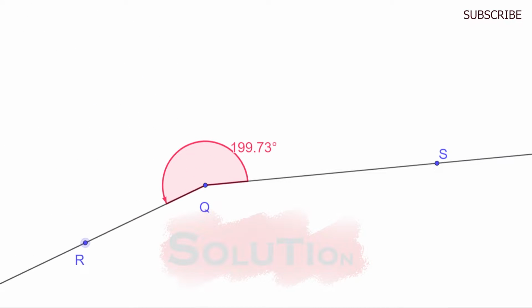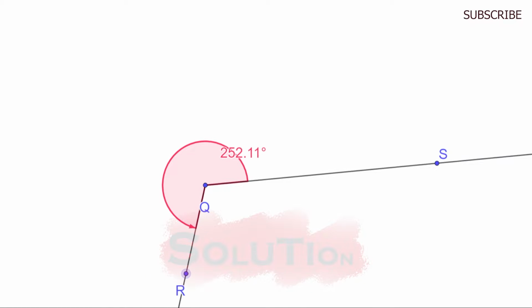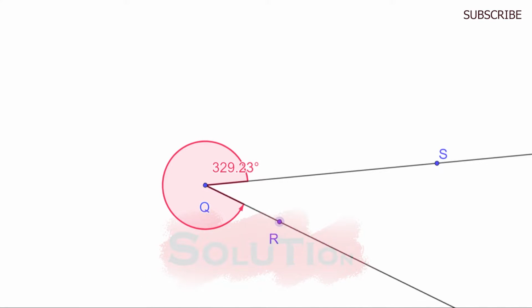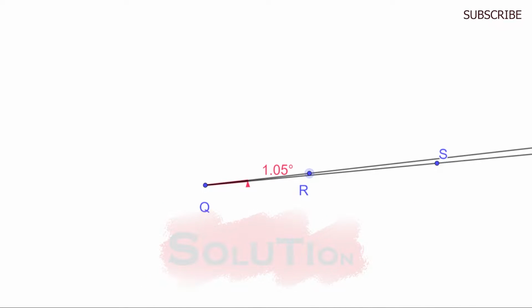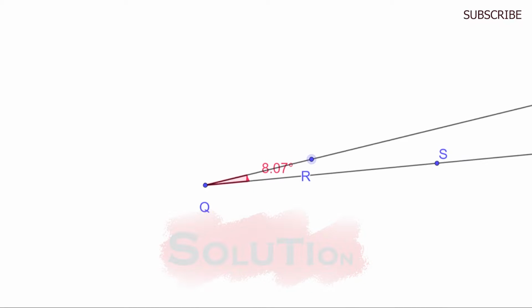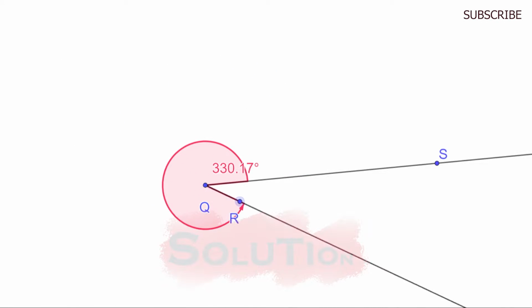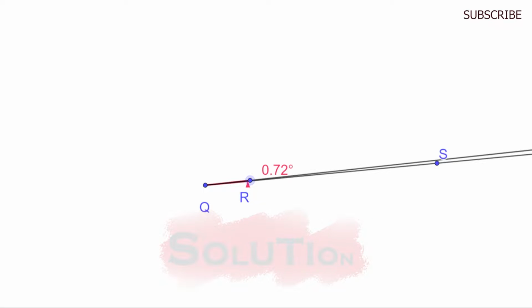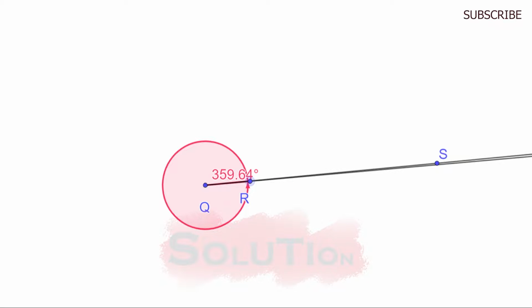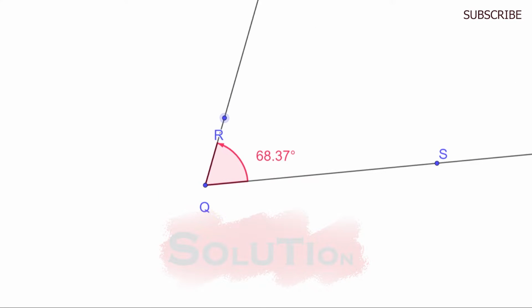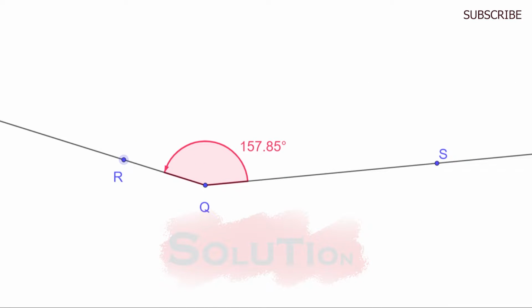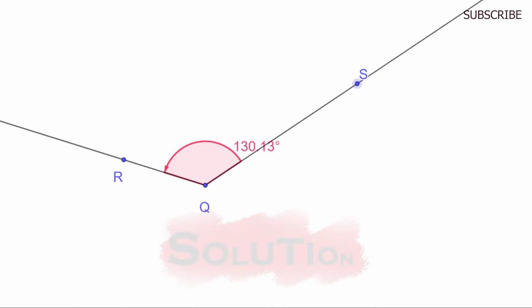So you have to remember that if the ray starts from 0, now the two rays are overlapping with each other, and once it comes again to this point, this is known as one revolution. So let me fix this point here.